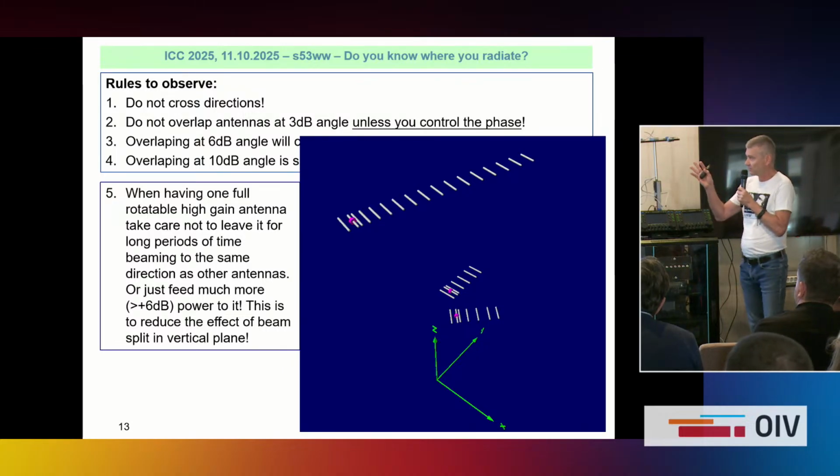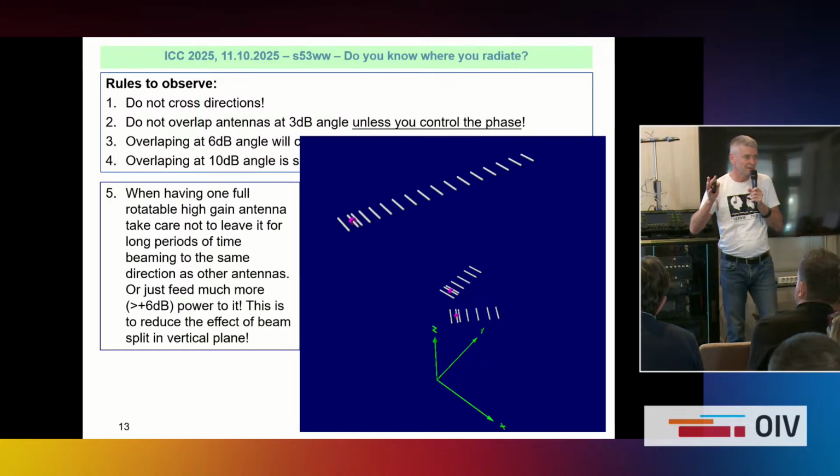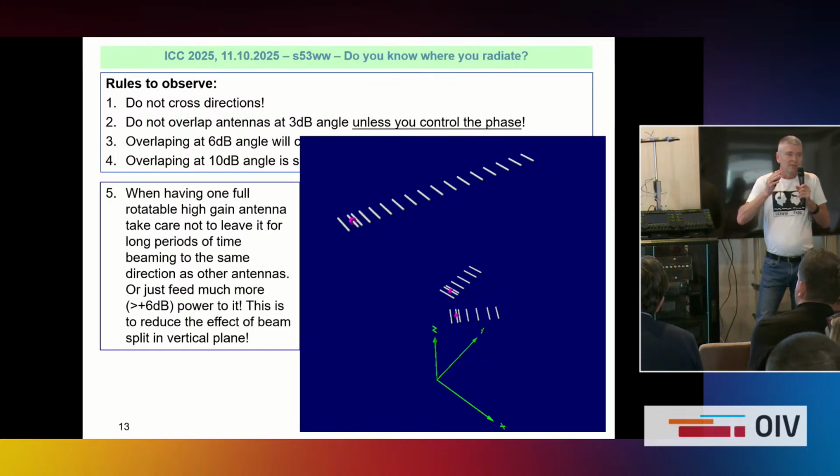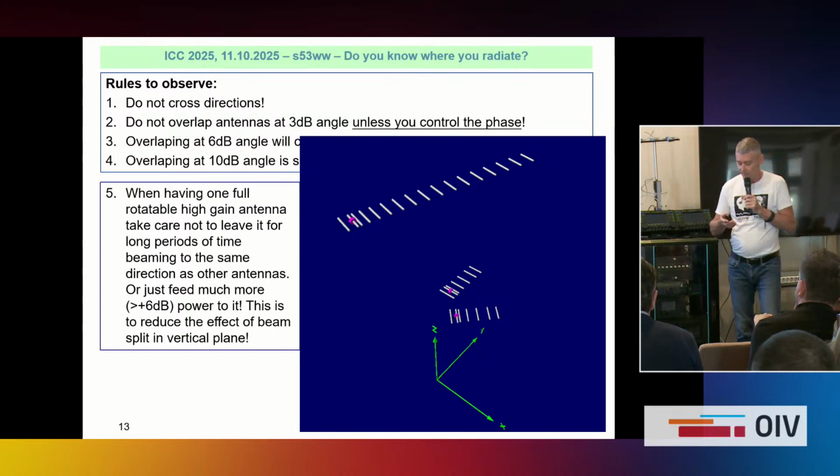So these are the 5 rules you should be aware of when you're operating, I would say, with 4 antenna systems or more, even with 2 if you want to push just into one direction, right? You should take care about this.